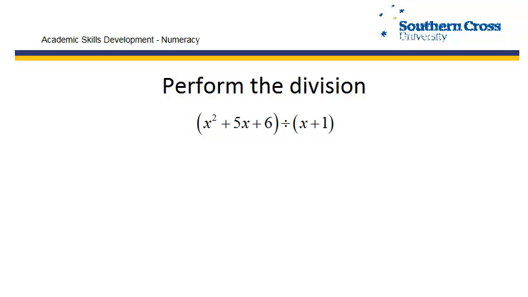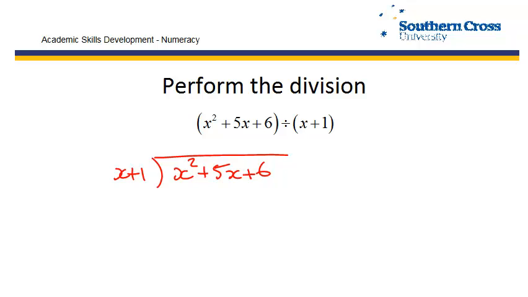Now this one's a little bit more difficult, and I'd suggest that you closely look at how you divide by long division with just numbers, and make sure that you can master that, and then this becomes a fair bit easier. So in this question, x squared plus 5x plus 6 is going to be divided by x plus 1.